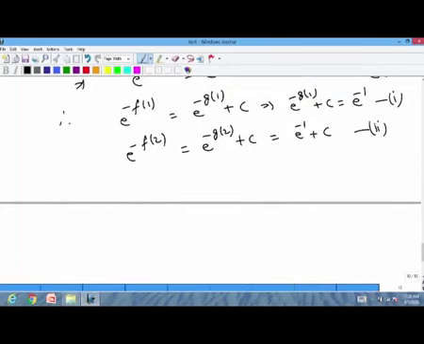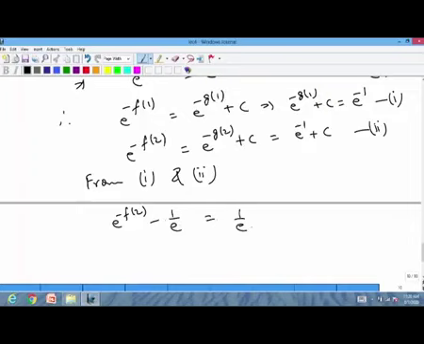So, from 1 and 2, we have c is e to the minus f of 2 minus 1 by e from 2. This is equal to 1 by e minus e to the minus g of 1.